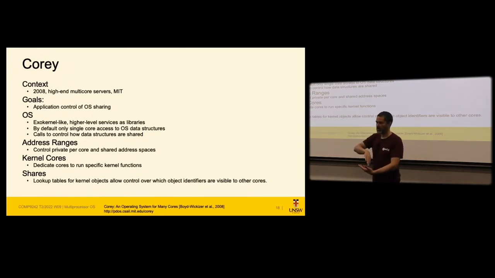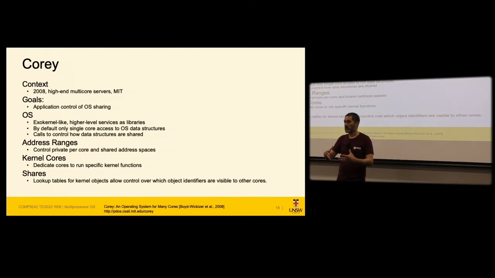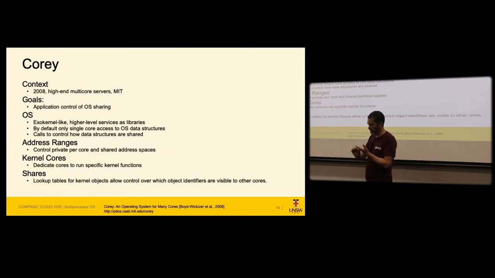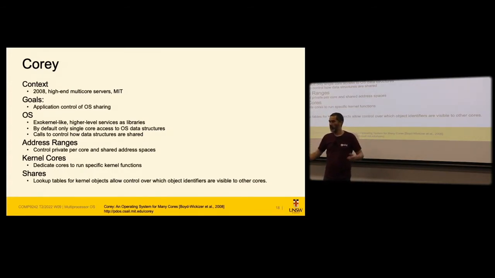So it flips things around from by default share everything to by default don't share and explicitly ask for things to be shared. So it had basically three key abstractions that it provided. This was the idea of address ranges, so a chunk of memory that could be available to a single core or to several cores.